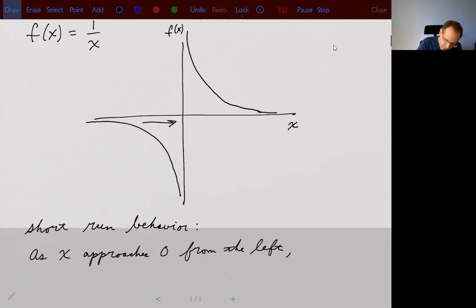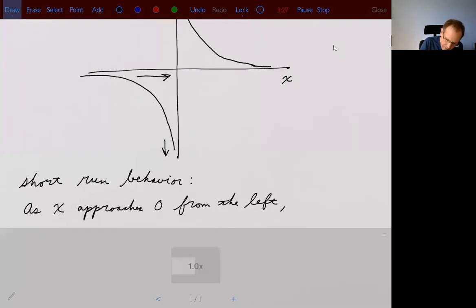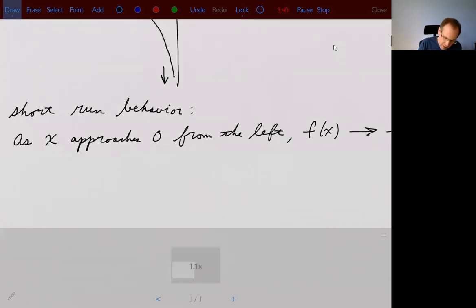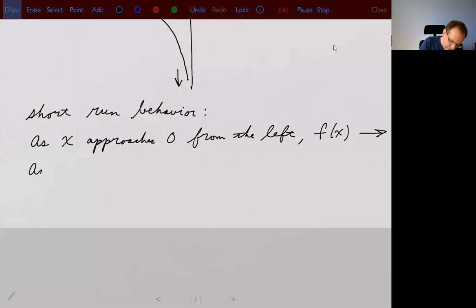It's going towards negative infinity. Okay, so as x approaches 0 from the left, our reciprocal function, f of x, is approaching negative infinity.